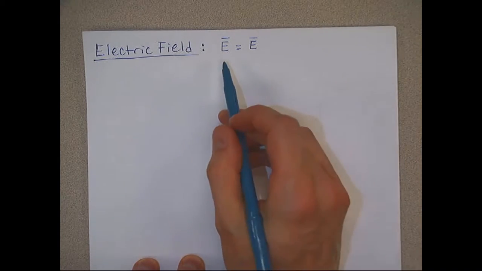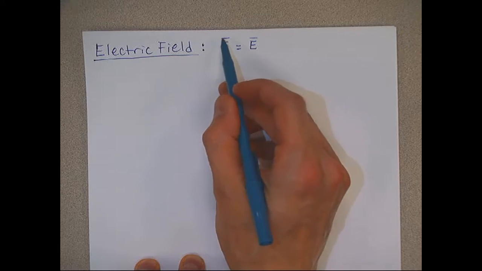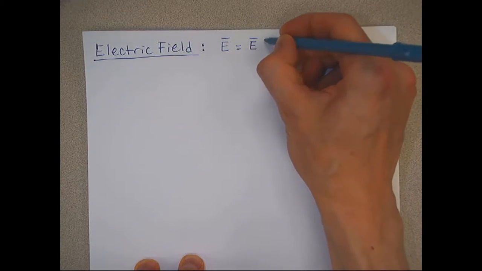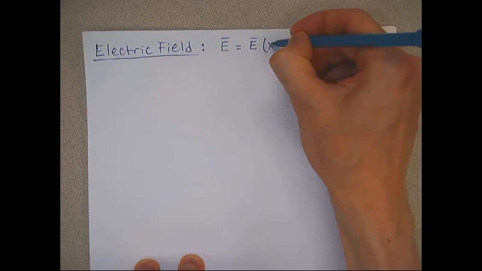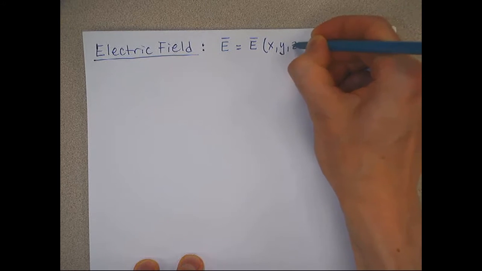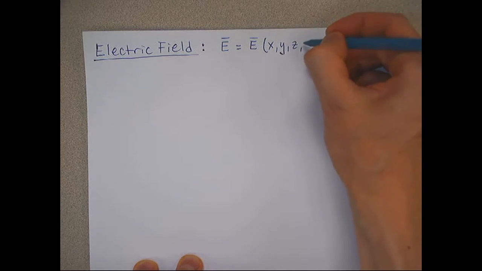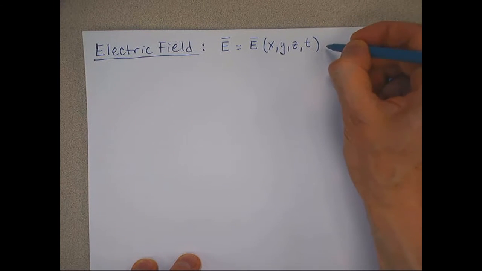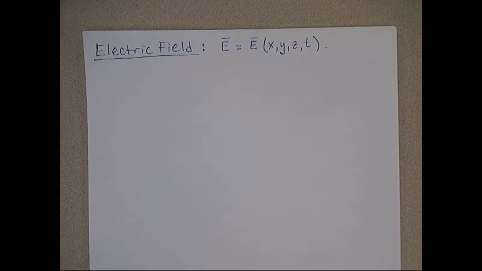We'll be using a symbol capital E. It is a vector field, meaning it has a vector value which could differ at each point in 3 dimensions of space and 1 dimension of time. You know of other vector fields already.